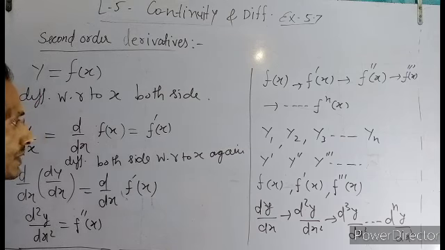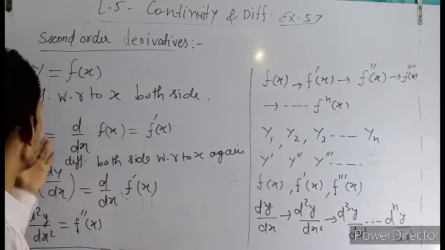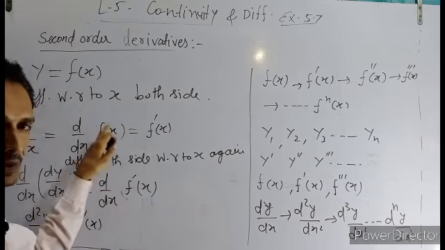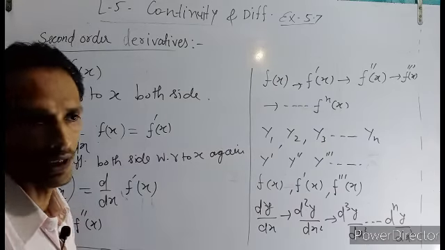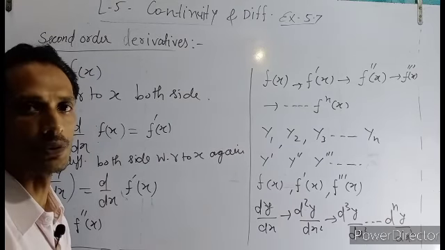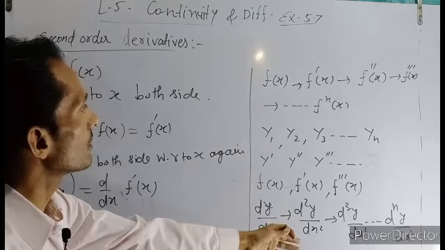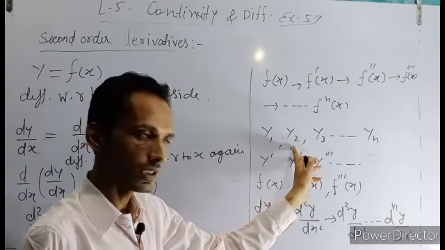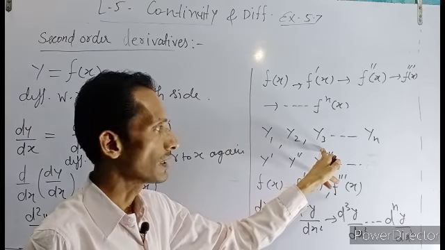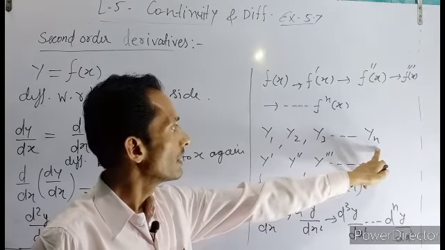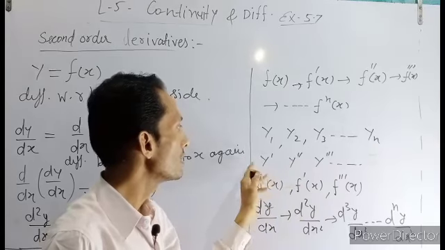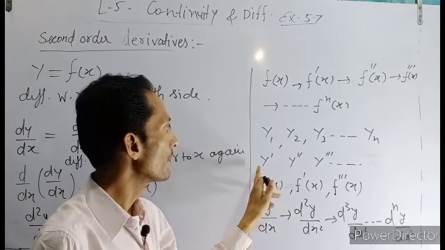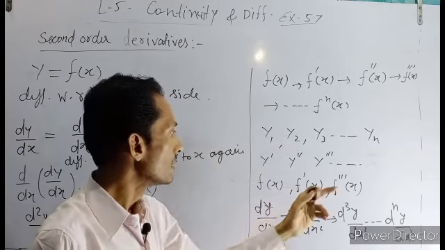In this chapter we have to study only this. These are the ways we can find them, continuing one after another: first, second, third and so on. So y1 means first derivative, y2 second derivative, y3 third derivative, yn nth derivative. Similarly in the dash form, y dash, y double dash, y triple dash.